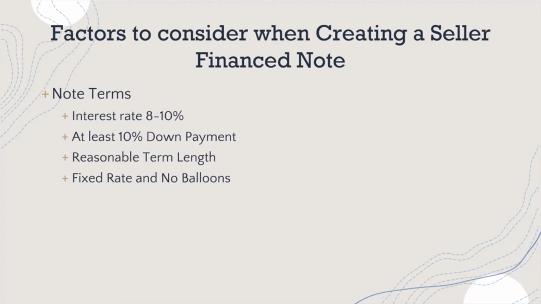If a note is written at 5 or 6%, and you want to sell it onto the secondary market, or you have a time when you need to sell to get cash, you're going to take a much greater discount because the buyer is wanting an 8 to 10% yield on that note. So you're going to discount that note tremendously.